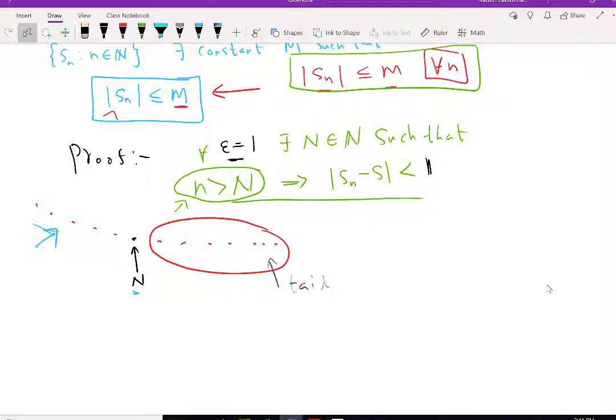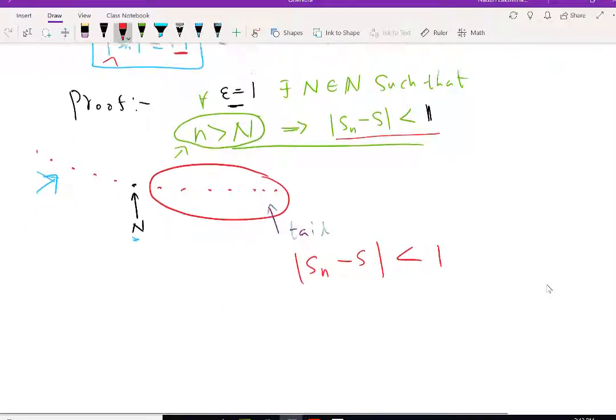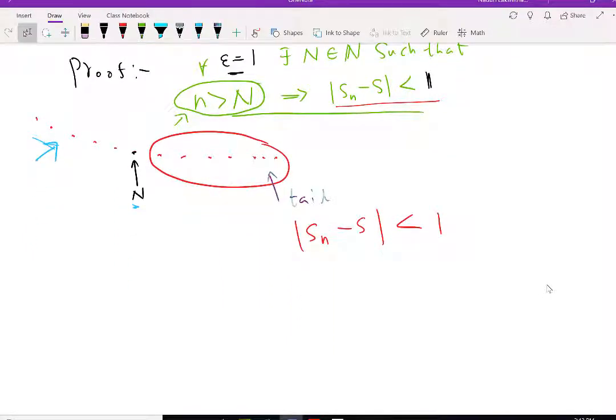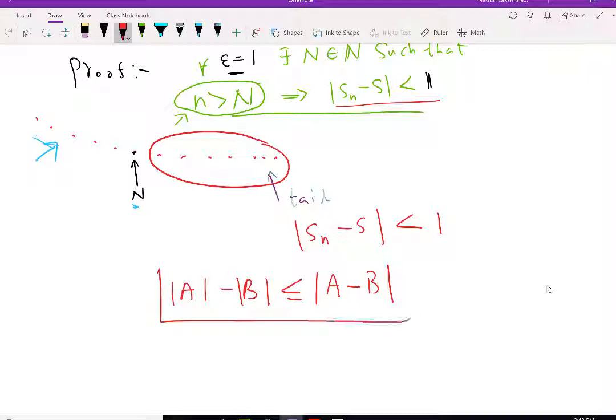All right, now what I'm going to do is, I'm going to take this fact here. Let's write this inequality. Now we can use the triangle inequality here. If you have the absolute value of A minus the absolute value of B, this is less than or equal to the absolute value of A minus B. This is a standard inequality.